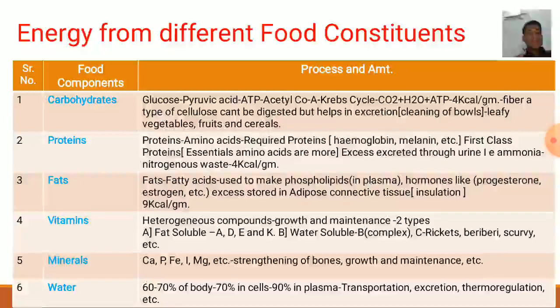We get 9 kilocalories of energy per gram of lipid. Excess lipids are stored in adipose connective tissue in the body.